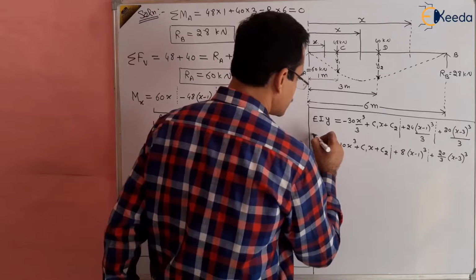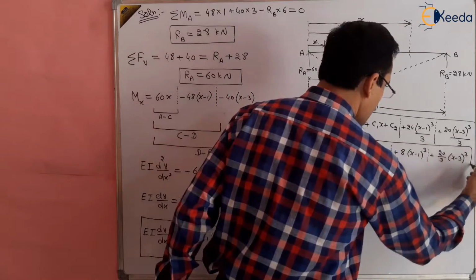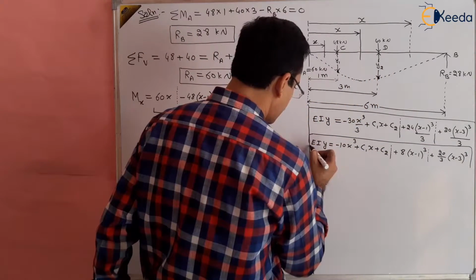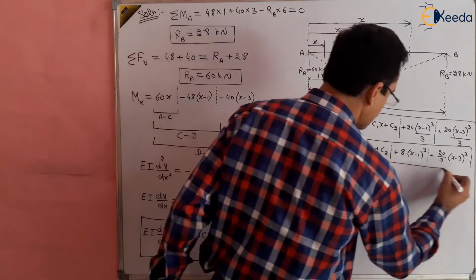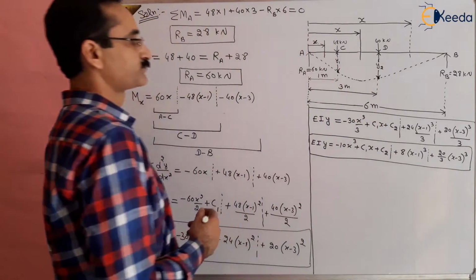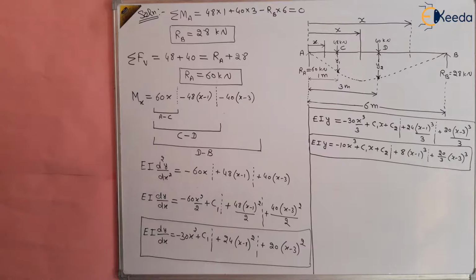So this is our deflection equation, obtained by integrating twice. That's why it is called the double integration method or Macaulay's method, right? So this is our equation.